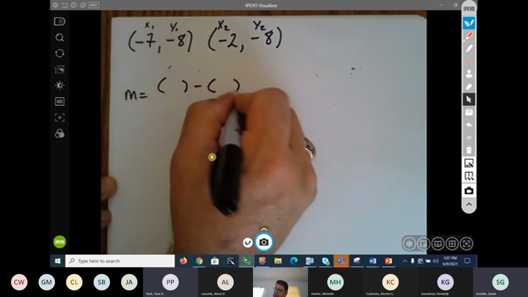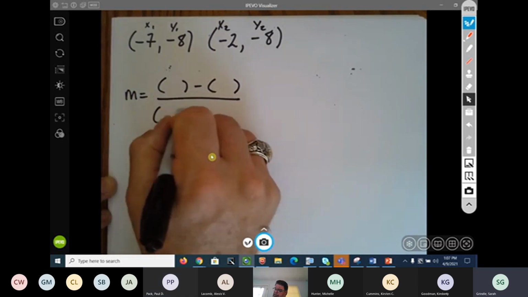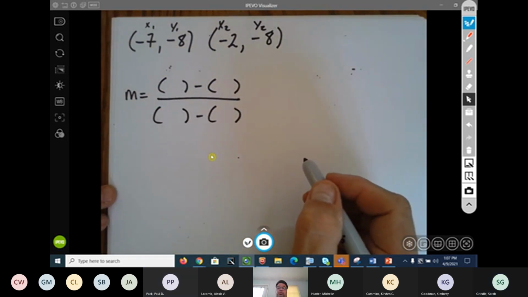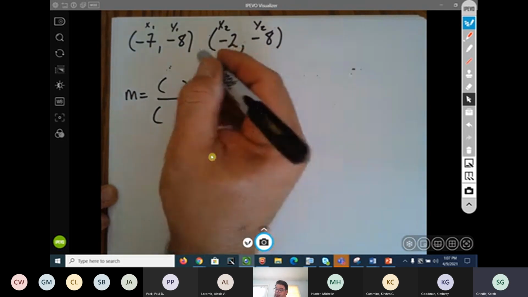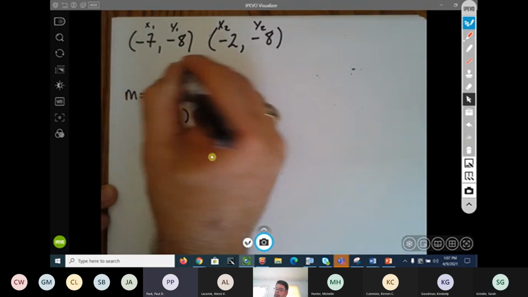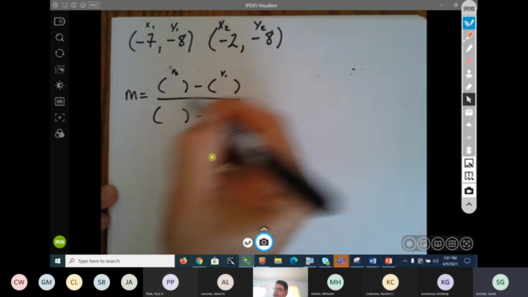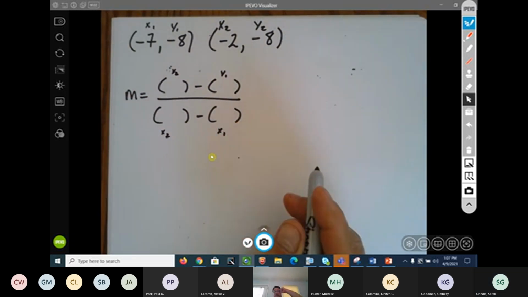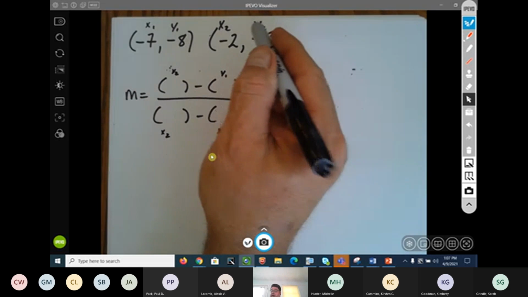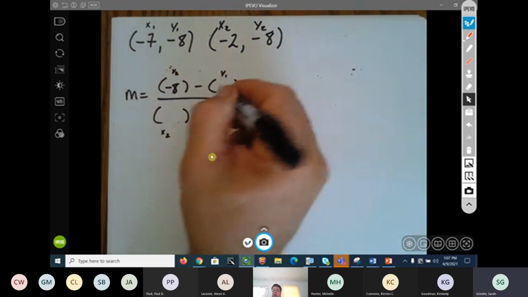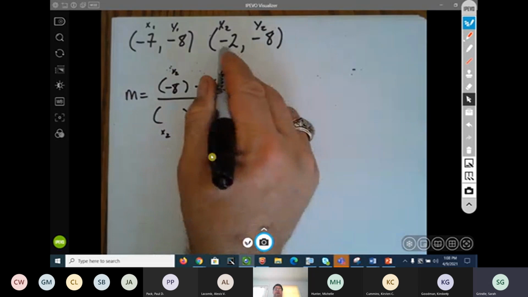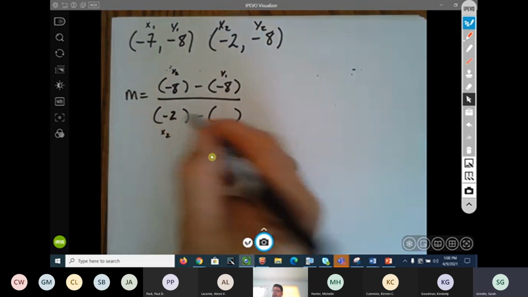M is equal to parentheses minus parentheses over parentheses minus parentheses. And if you don't know the rule, if you don't know the formula, y sub 2 minus y sub 1 over x sub 2 minus x sub 1. So y sub 2 is negative 8. Y sub 1 is negative 8. X sub 2 is negative 2.